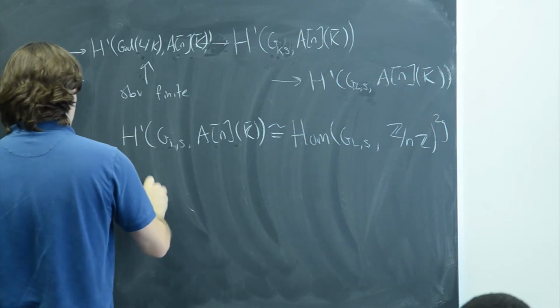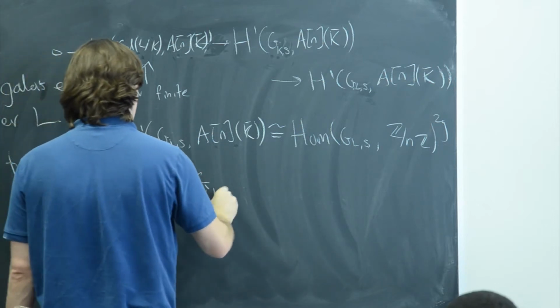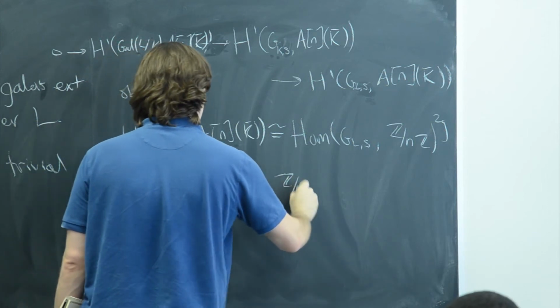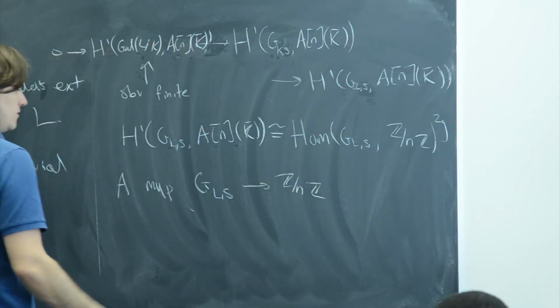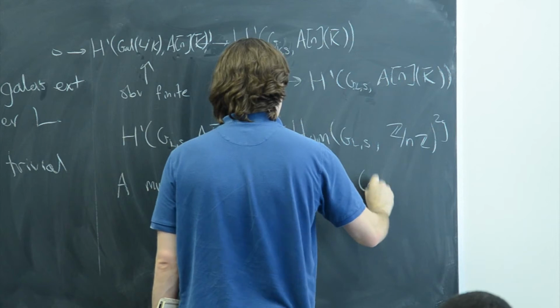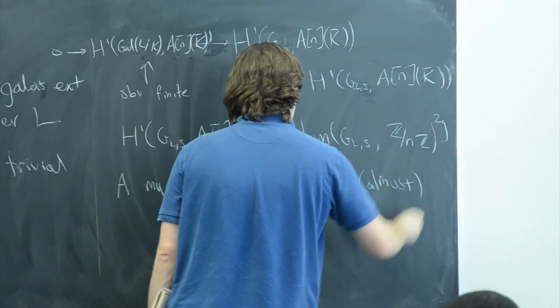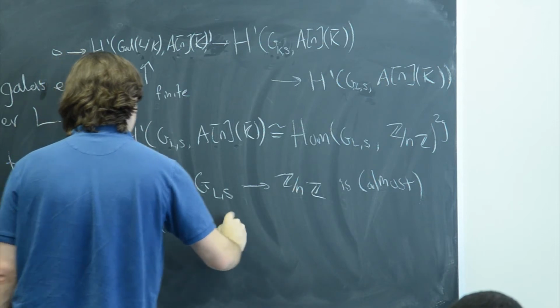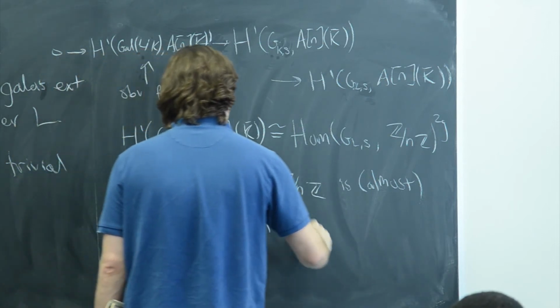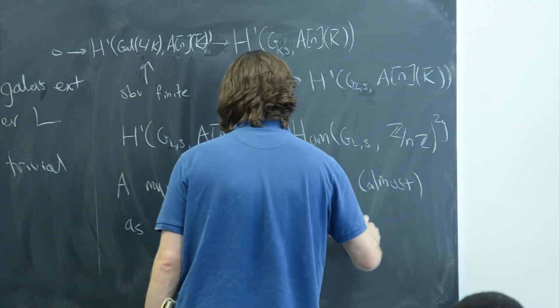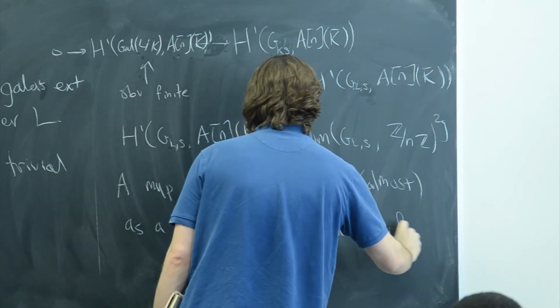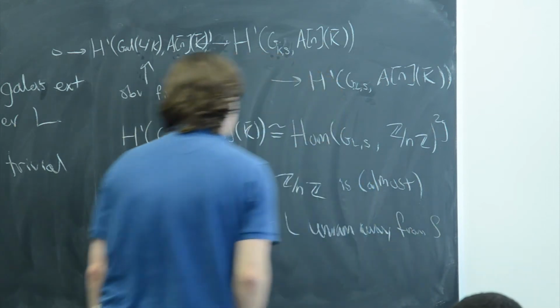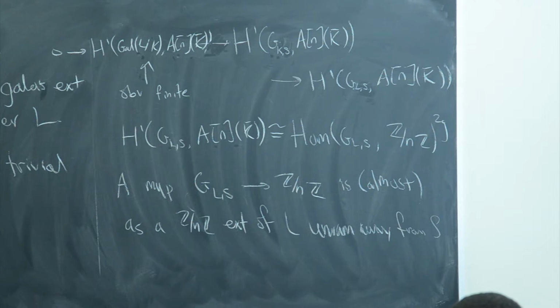And so a homomorphism from GLS to Z mod NZ is almost the same thing as the Z mod NZ extension though, unramified away from S. A surjective homomorphism is exactly the same thing. But then you have to worry about the ones which aren't, but whatever.